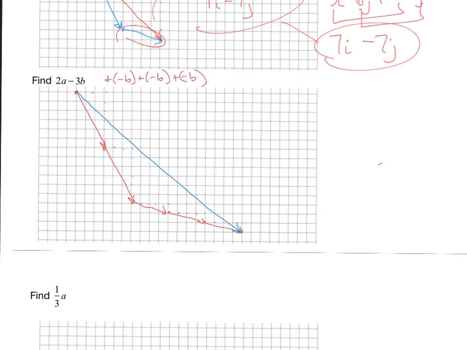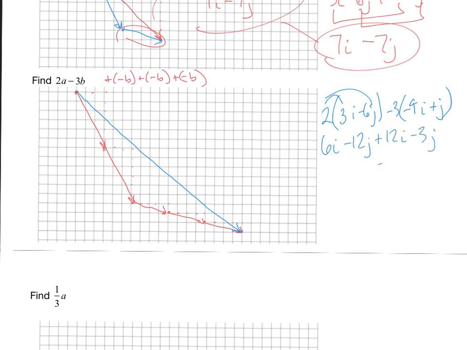All right, so now let's do this algebraically. 2 times A minus 3 times B. And then let's just do the algebra. Distributing, 6i minus 12j plus 12i minus 3j. Combining some like terms, this looks like 18i minus 15j.